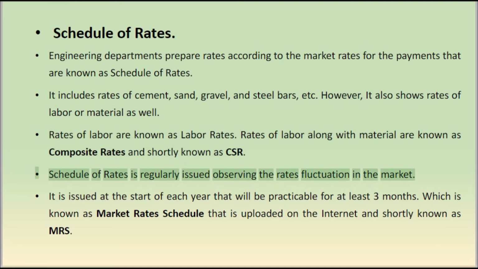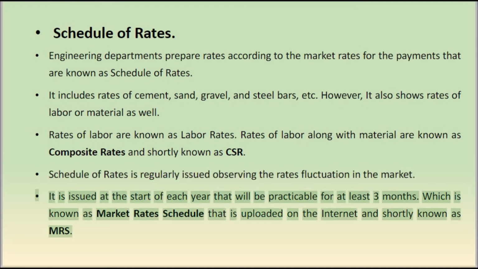Schedule of rates is regularly issued observing the rates fluctuation in the market. It is issued at the start of each year that will be practicable for at least 3 months, which is known as market rates schedule. That is uploaded on the internet and shortly known as MRS.